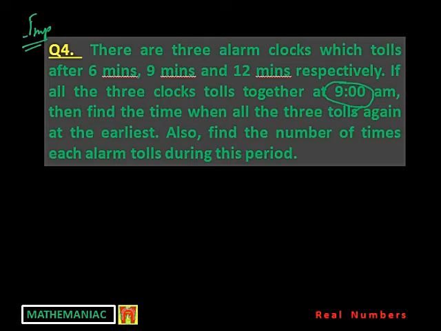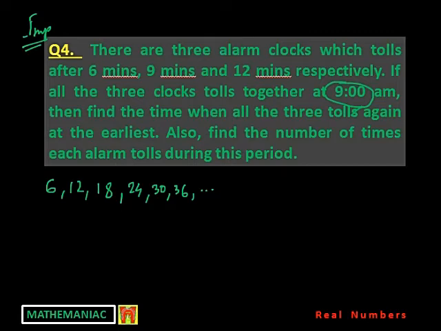If the first clock is ringing after every 6 minutes, then after 9, what are the time gaps in which this clock is going to ring? It is after 6 minutes, 12 minutes, 18 minutes, 24 minutes, like this.